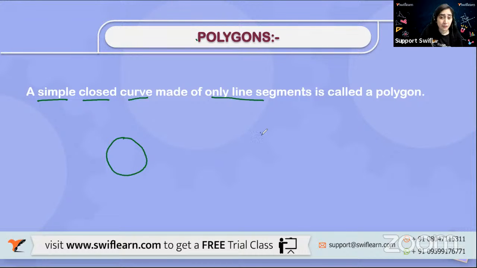I want only a figure made of line segments. So this can be line segments 1, 2, 3, 4, 5, 6. So it is a polygon which has 6 line segments: AB, BC, CD, DE, EF, and FA. This is the reason why we call it a polygon.